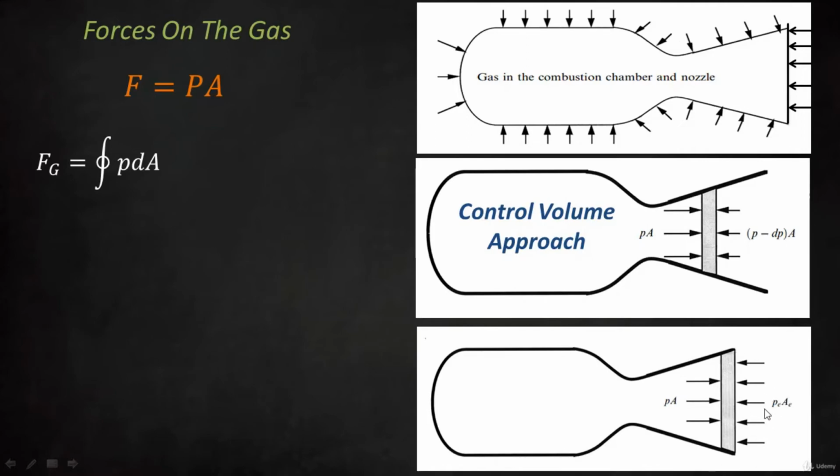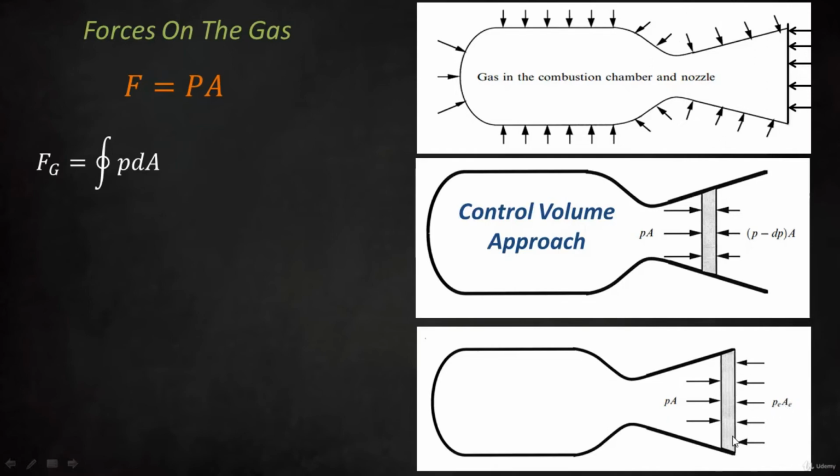Now be careful, this is not the ambient pressure. This is the pressure just before the gases exit the nozzle. It is the pressure at exactly the exit plane of the nozzle, which is equal to PE. So the force would be equal to PE times AE, and of course AE is the area at the exit plane of the nozzle.